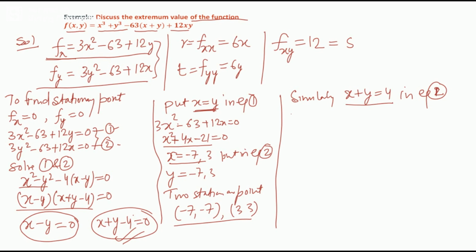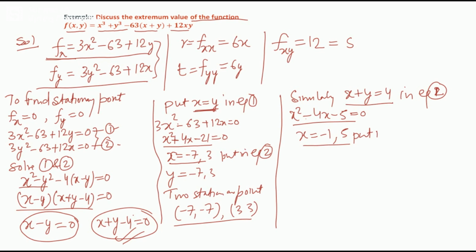So we again get a relation, after simplifying, x square minus 4x minus 5 is equal to 0, and on solving that we get x is equal to minus 1 and 5.